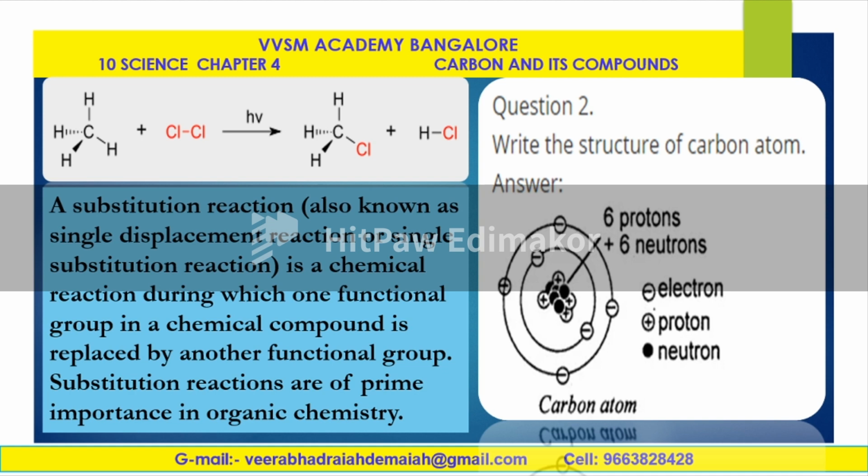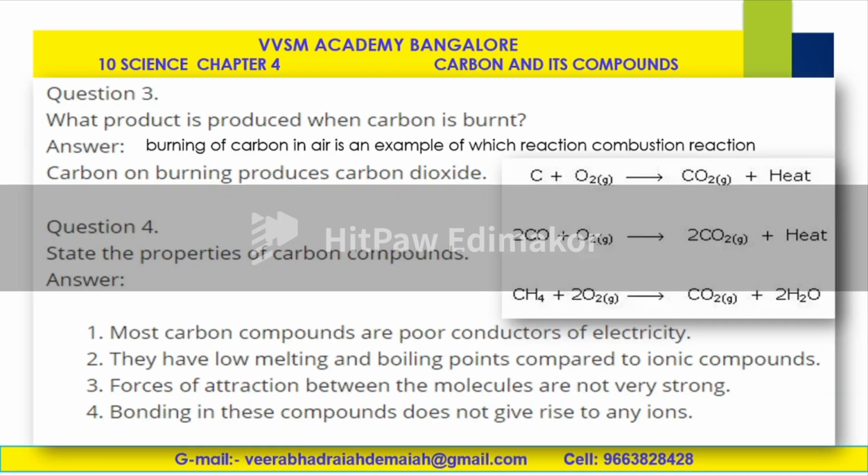Generally, chlorine undergoes a chemical reaction with methane, giving the substitution reaction. Monochloromethane, dichloromethane, trichloromethane, tetrachloromethane are all called substitution products. We will study this in detail in the next class.